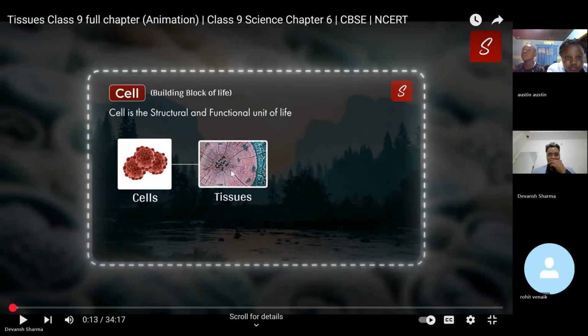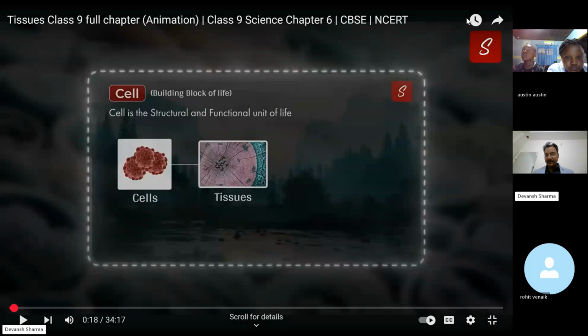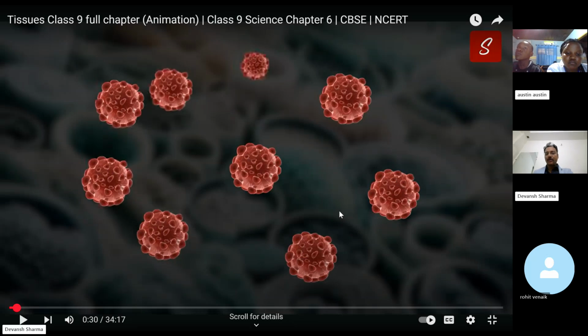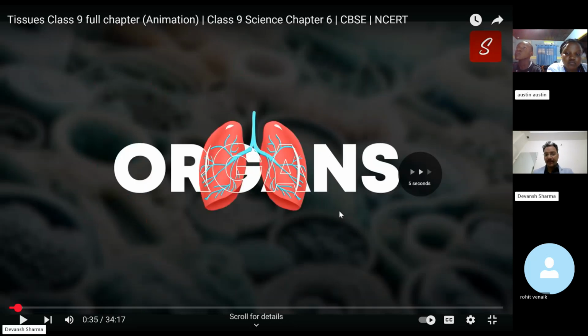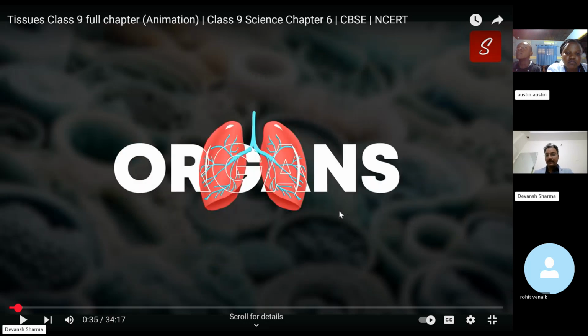As I have discussed initially, cells are the basic structural and functional unit of life. These are the small units of cells. When they combine together, they form tissue, and tissues together form organs.